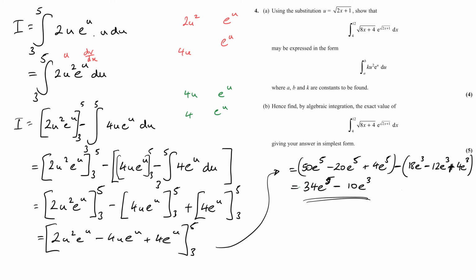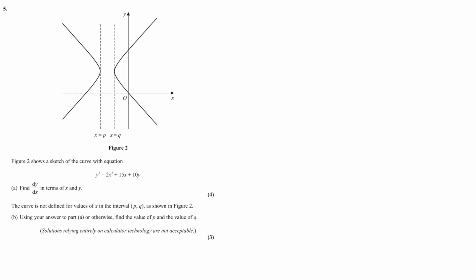But let's get on to the next question. So here we're going to differentiate implicitly. So if we differentiate, so let's have a look. We're going to have 2y dy by dx equals 4x plus 15 plus 10 dy by dx.